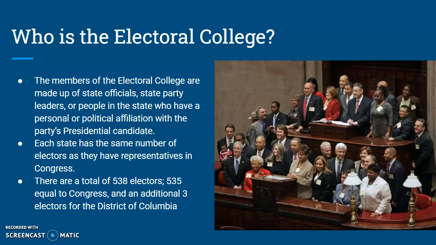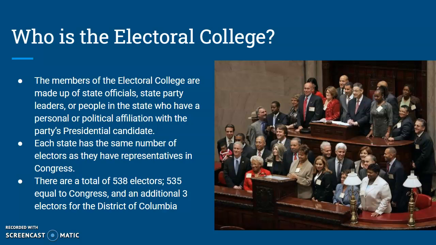Okay, who gets to serve in the Electoral College? The members of the college come from all kinds of places. They're state officials, state party leaders, people in the state who have personal or political affiliations with the party's presidential candidate. They come from all throughout the government and the population. Each state has the same number of electors as they have representatives in Congress.